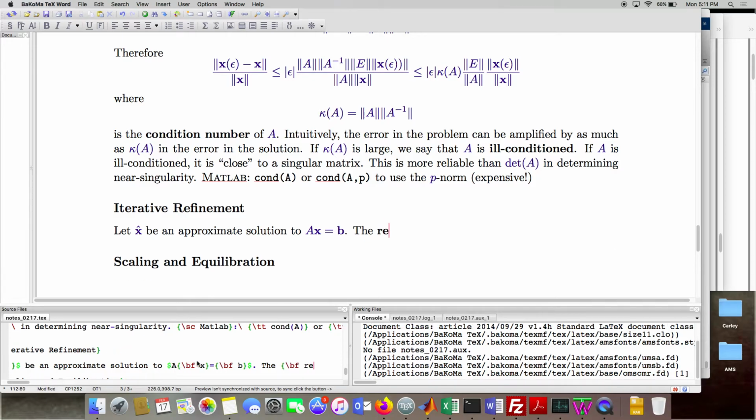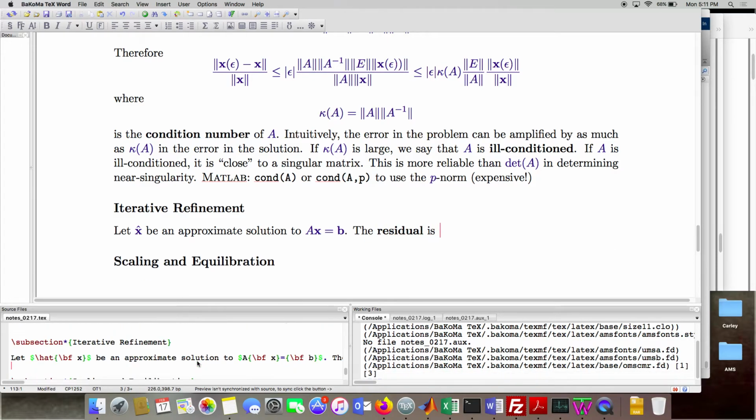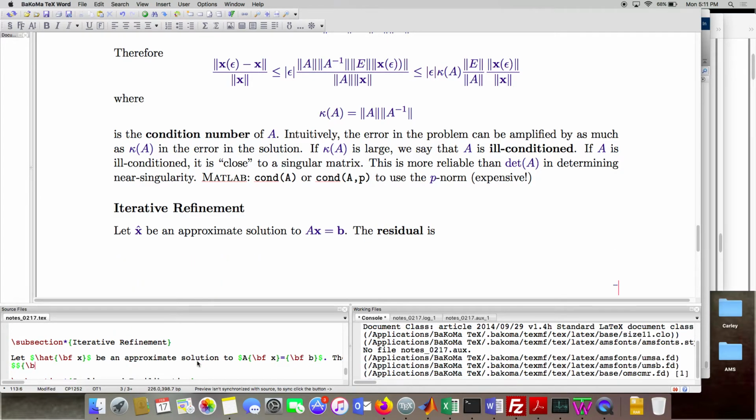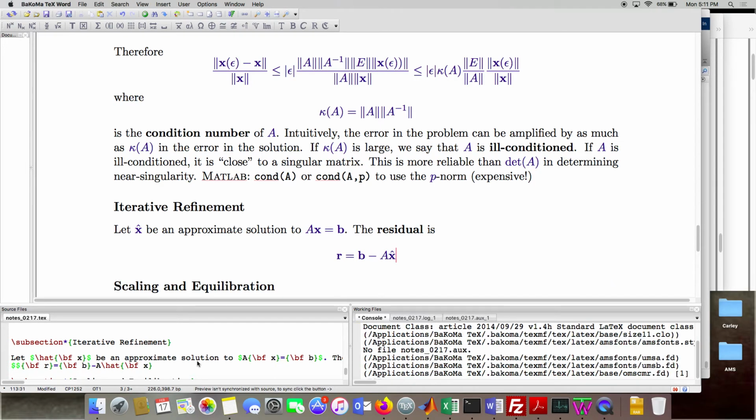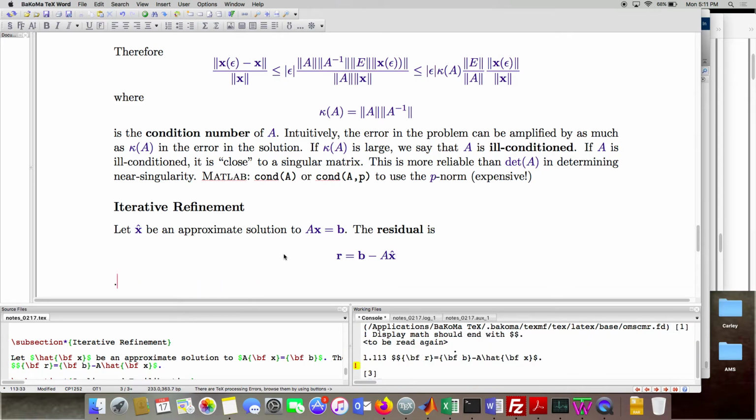The residual is labeled R, and it's just basically substituting the approximate solution into the equation. So you look at b minus A x hat. If x hat is the exact solution, your residual will be 0.